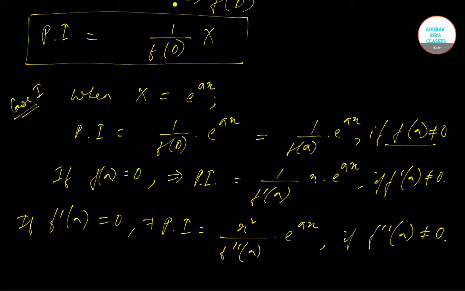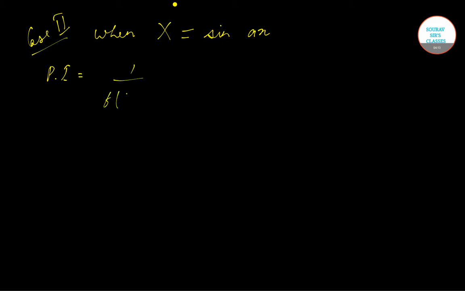Now we'll go on to the next case. This case will be when capital X is equal to sin(ax). Then the particular integral will be of the format 1 by f(D^2) into sin(ax).